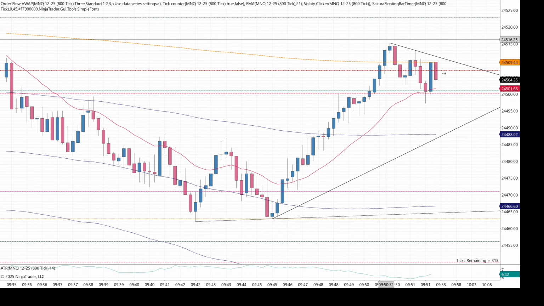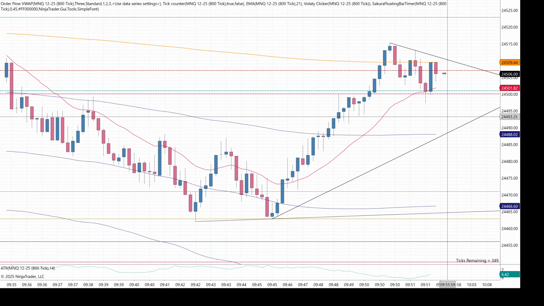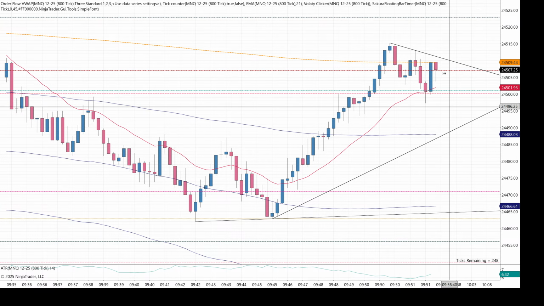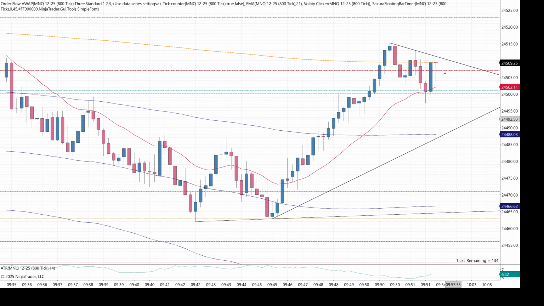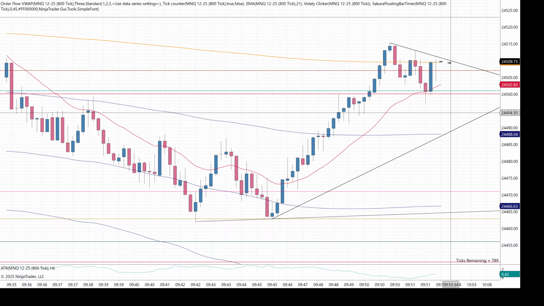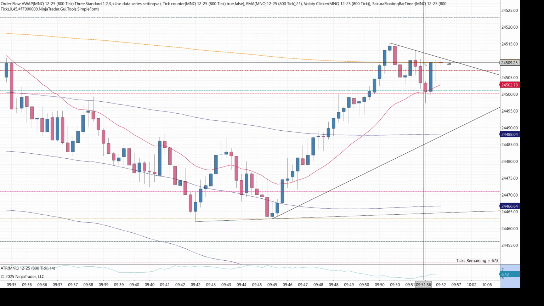We can't take this up either. We have this downward trend line here. If we signal up, which looks like we did, but we're not going to take this one.